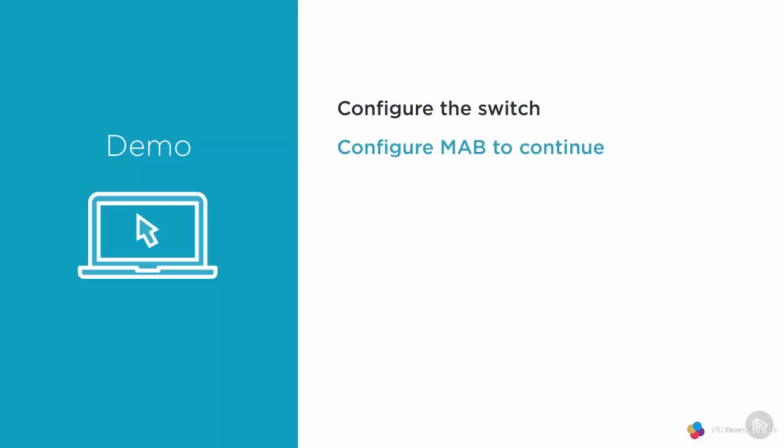So as we go through this demonstration, here's what we're going to do. Well, first off, we're going to configure our Cisco switch. We're going to configure this switch with the settings that it needs ahead of time to be able to support this web authentication. Then we're going to configure MAC authentication bypass to continue, and this is a setting that we will configure in Cisco ISE.